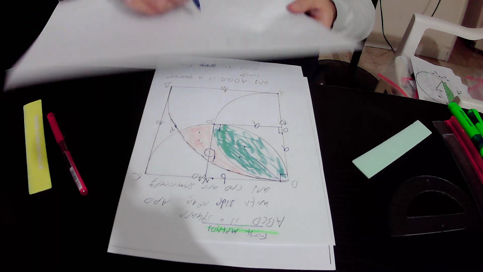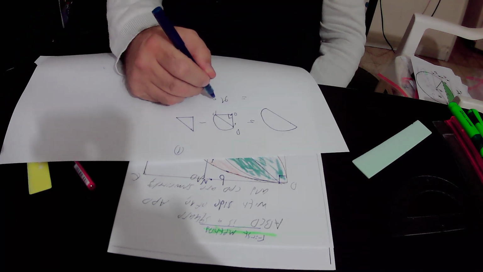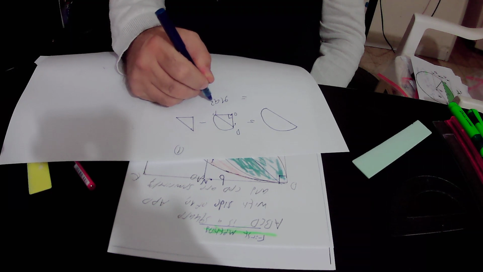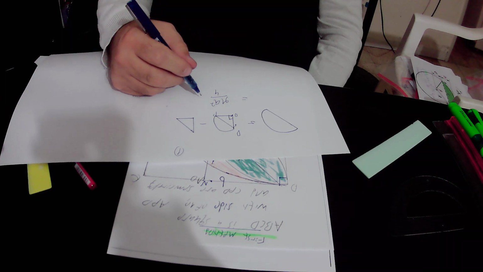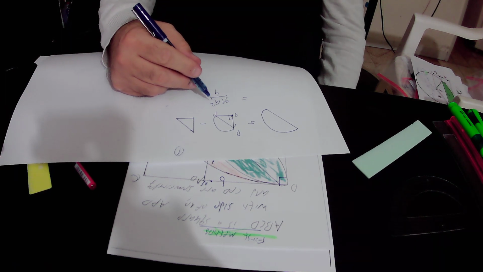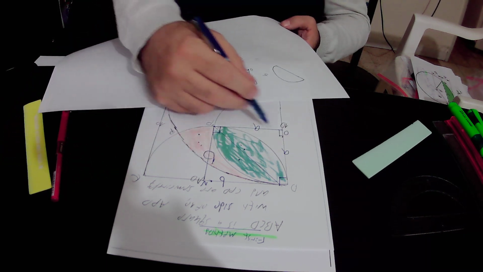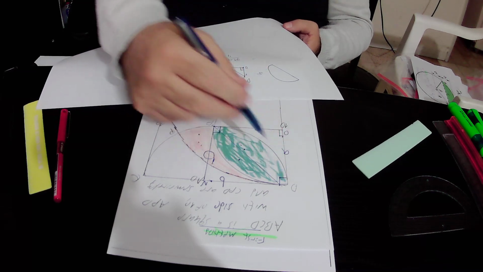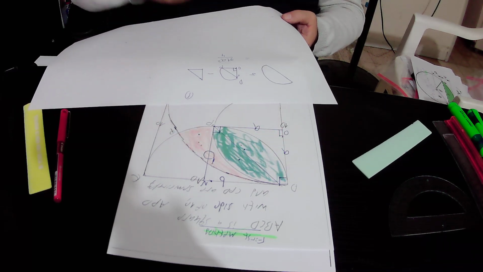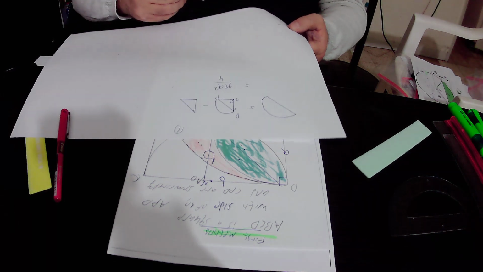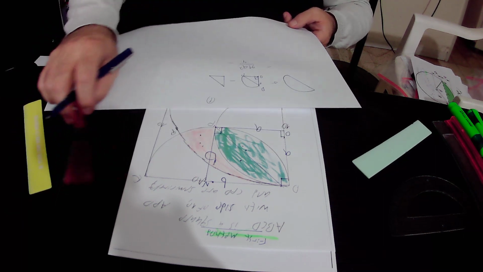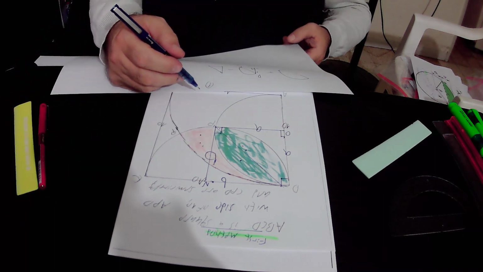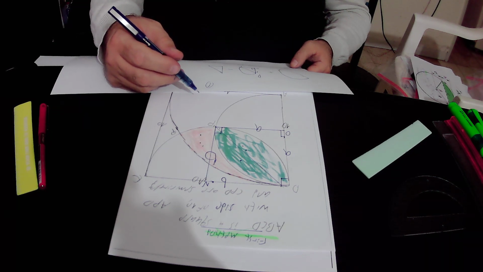So it will be equal to pi times a squared, that is the radius squared, over 4. Because the area of any circle equals pi r squared and r equals a, it means that the area of a quarter circle will be the area of the circle over 4, minus the area of the right triangle DOP.